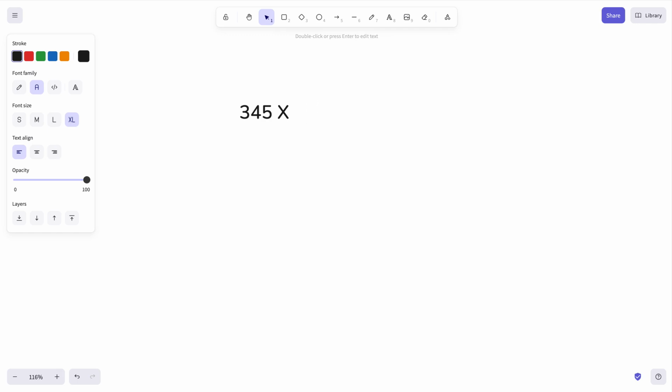Nah, not 40. 345 times 78. A big number. Okay, let's try this one. Or maybe we should probably try a simple one. Let's try simple.